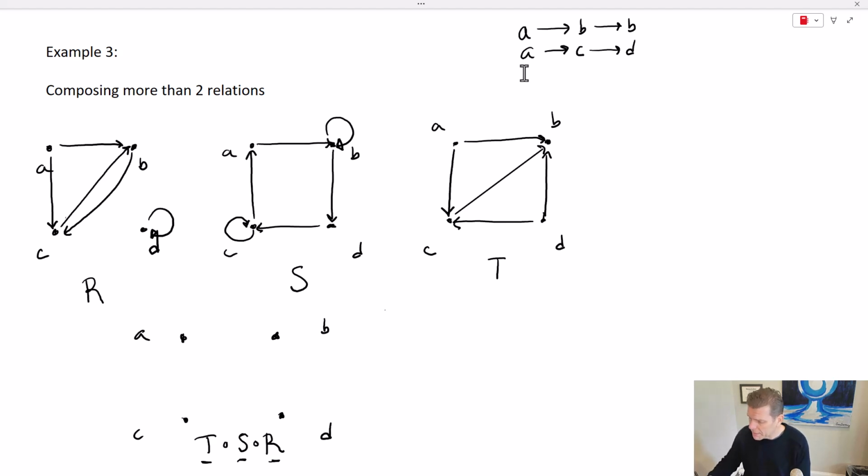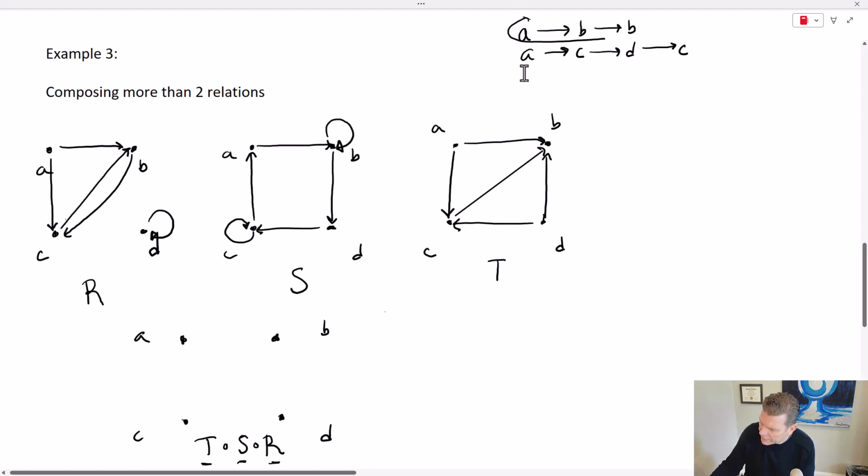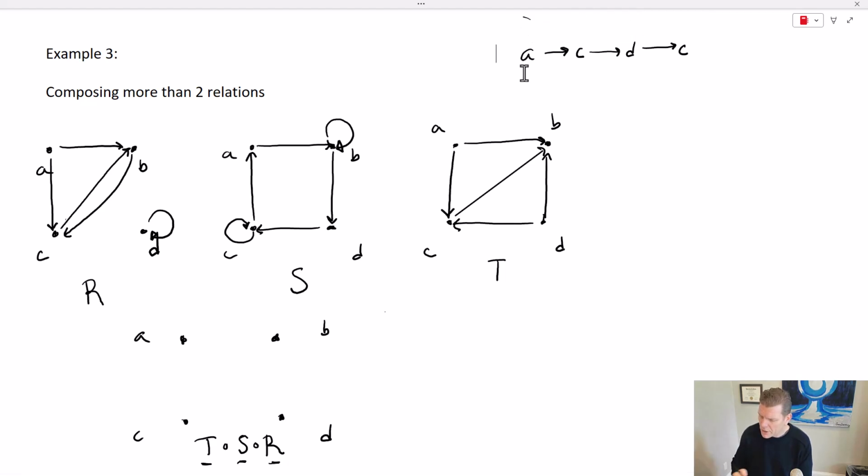There are no outs for B, and we'll see that D goes to C. So this is D goes to C. So for this one, we don't have any endpoint for that composition, so this is actually going to go away. We're not going to have that inside of our new composition. All we're going to have is A going to C. So I've got A goes to C.